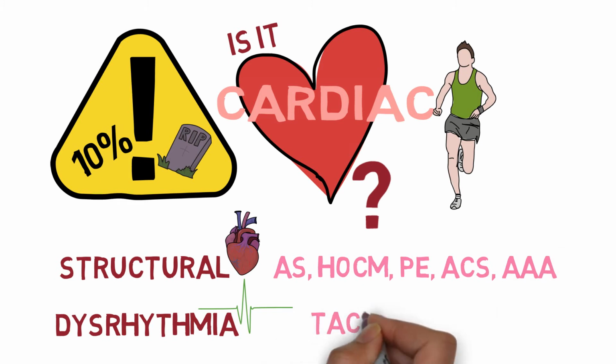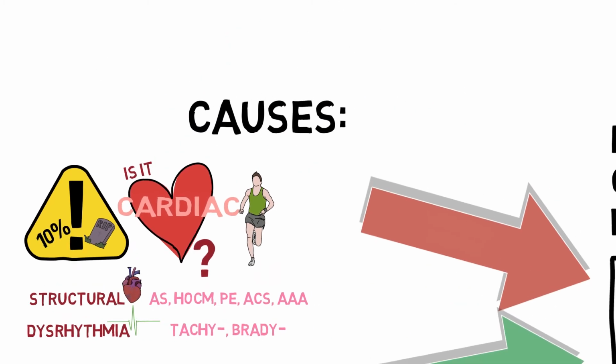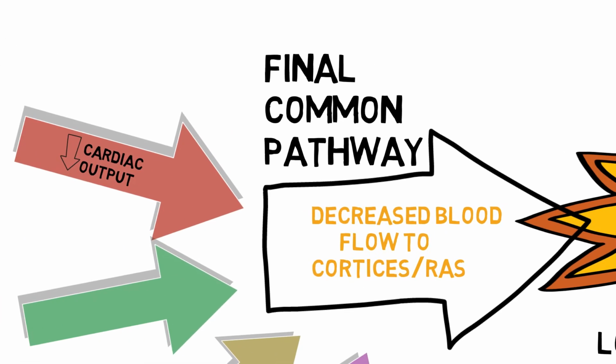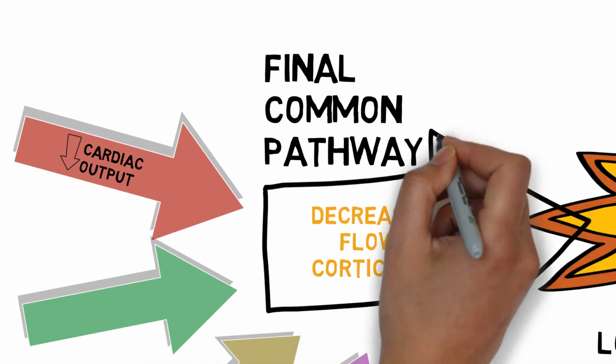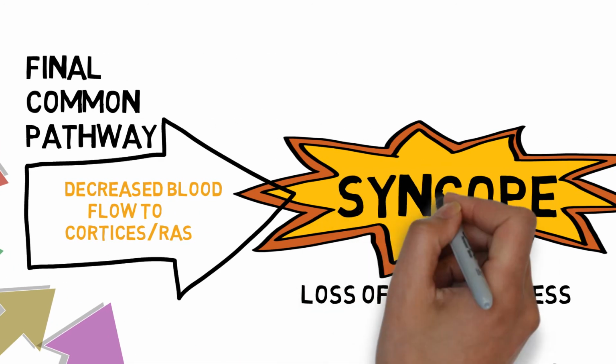Examples of dysrhythmias that can cause syncope include both tachy and bradyarrhythmias. Any of these cardiac issues can lead to a decrease in cardiac output, especially during times of physical exertion, which leads to our final common pathway of decreased blood flow to the brain and syncope.